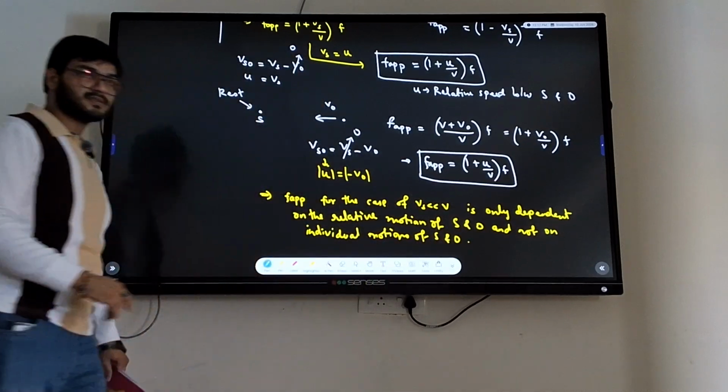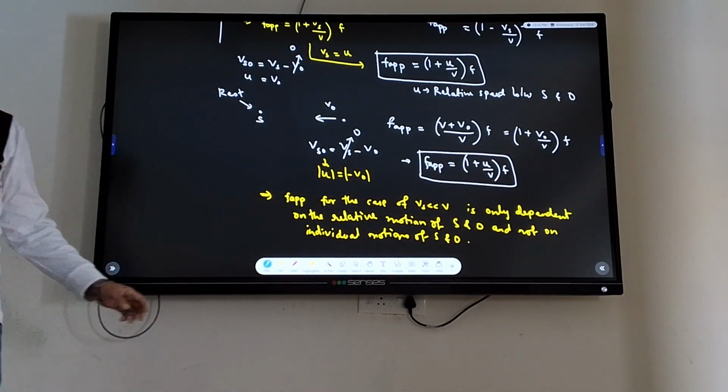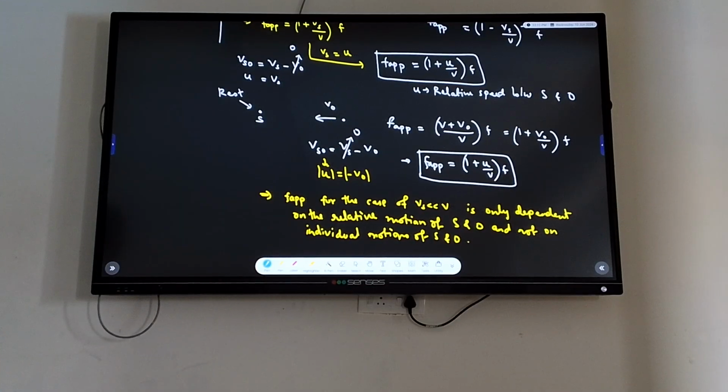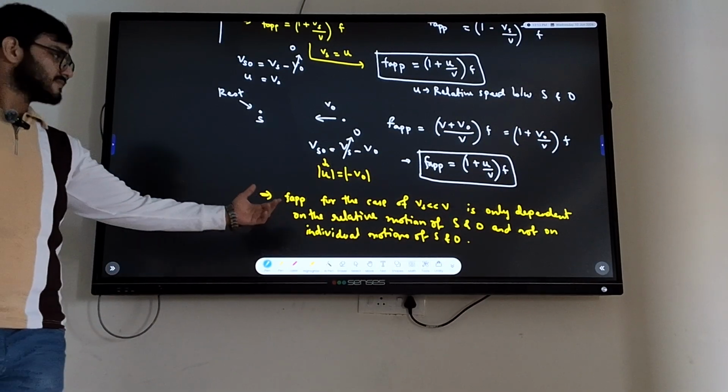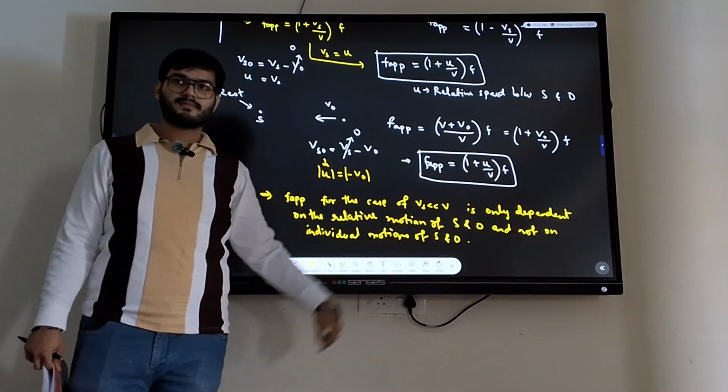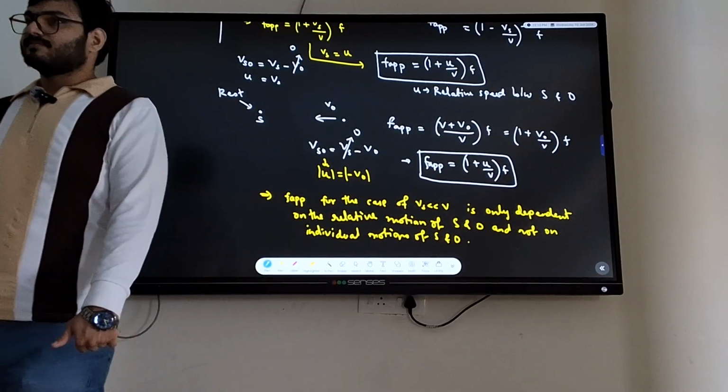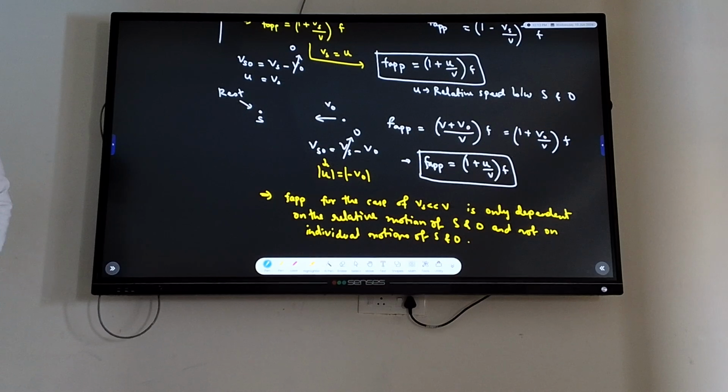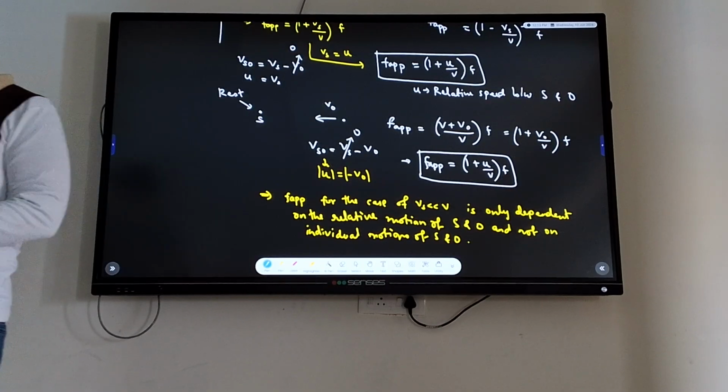Do you understand this? Yes? Do you understand this result that we found? That your F apparent is dependent on u, which is the relative speed. It doesn't matter if the source is moving towards you or you are moving towards the source, we are finding the same result. In some limit, Vs much less than V. Good. This was my second important point.